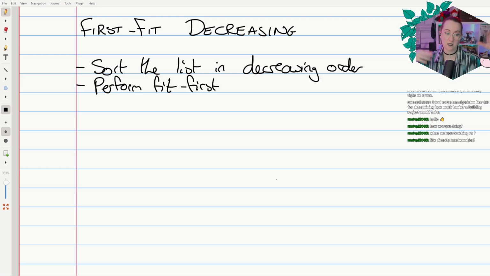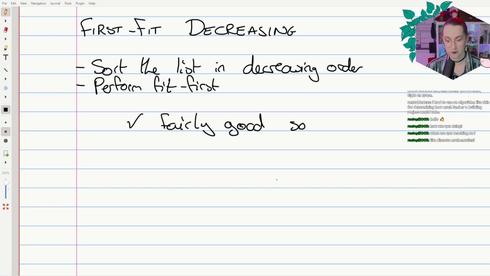So we sort them into biggest to smallest and then just put them in the next available space. And the idea behind this is that it is going to be a fairly good solution. But it might not be optimal.